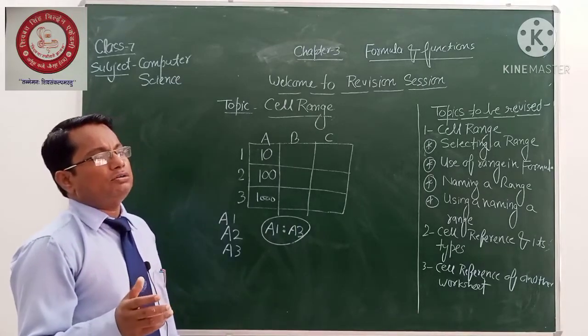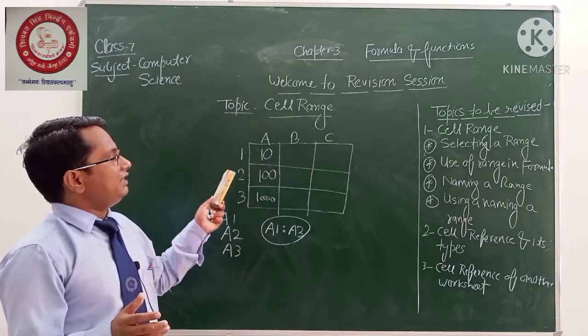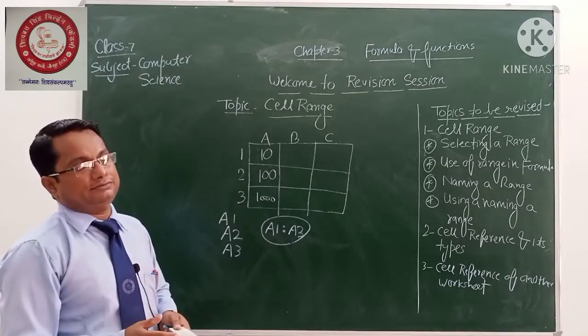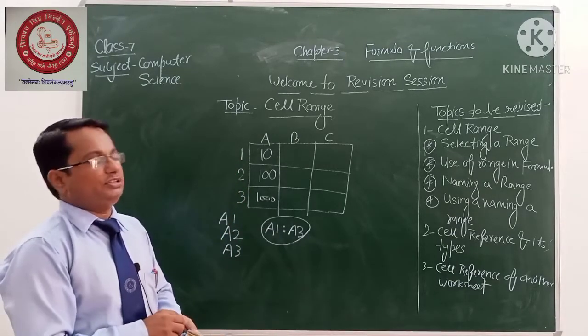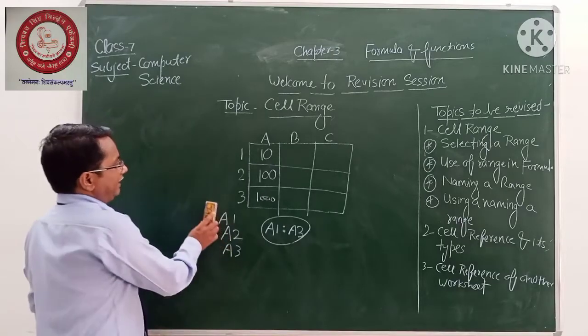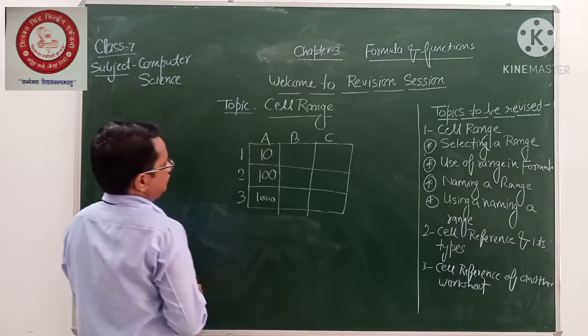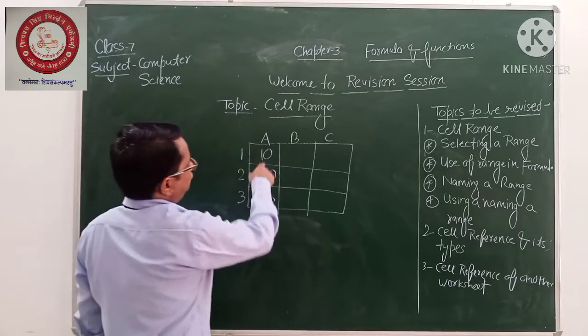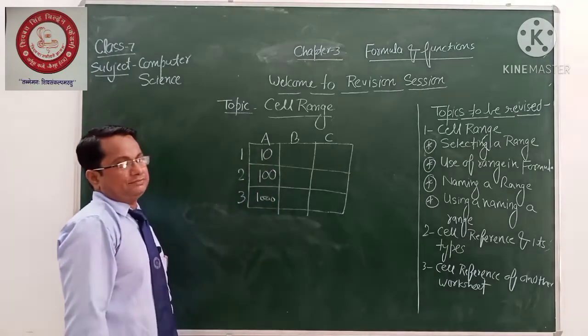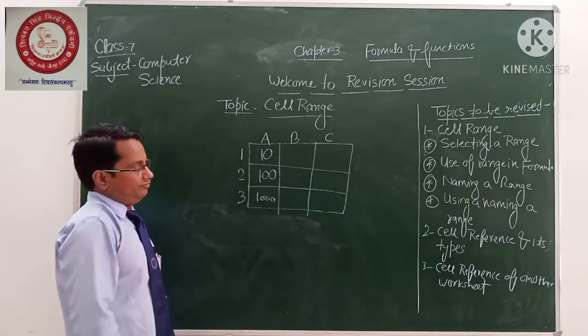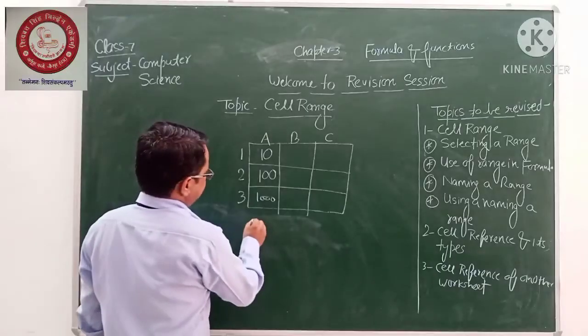Now, let me erase the board and then we will see how we are going to use the cell range. Suppose you want to add all of these. How are we going to add them?